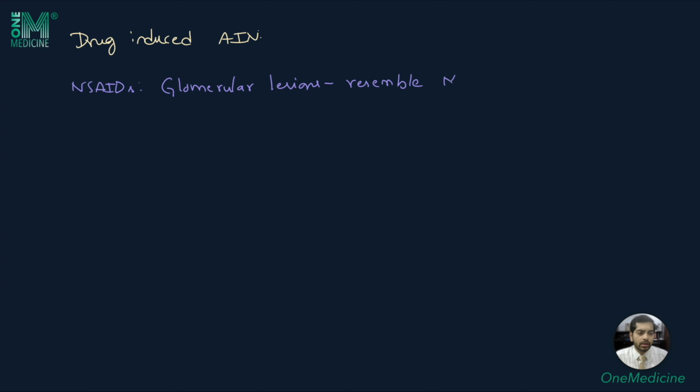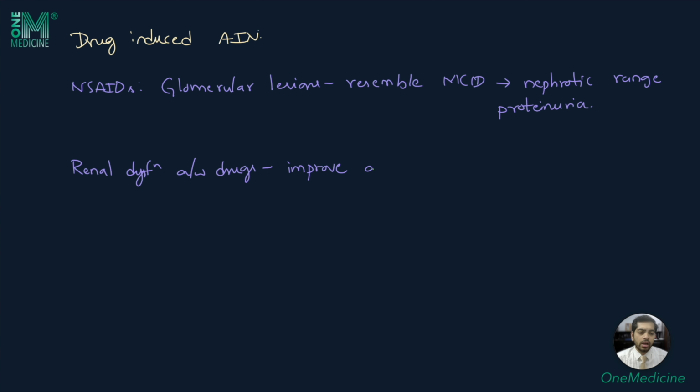Some important points regarding drug-induced acute interstitial nephritis. NSAIDs, apart from causing acute interstitial nephritis, can also affect the glomerulus. So they can have glomerular lesions which resemble minimal change disease, and these patients can have nephrotic range proteinuria. The renal dysfunction associated with drugs improves or shows recovery after stopping the medications.